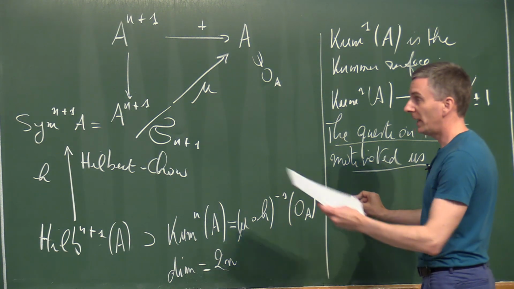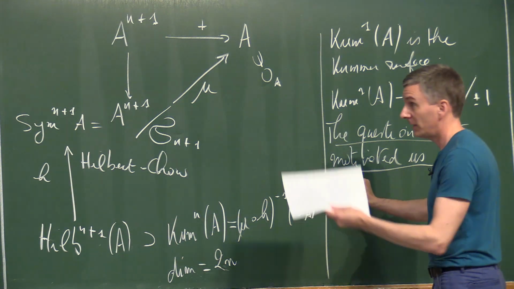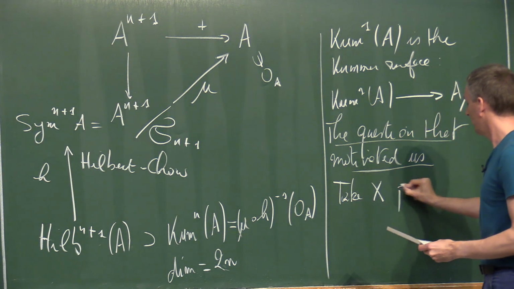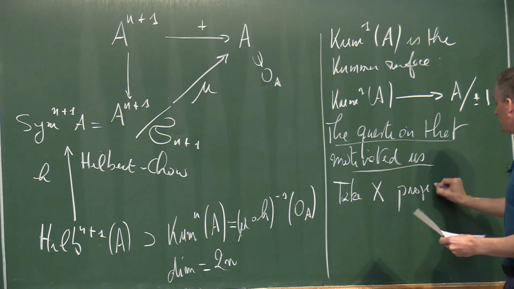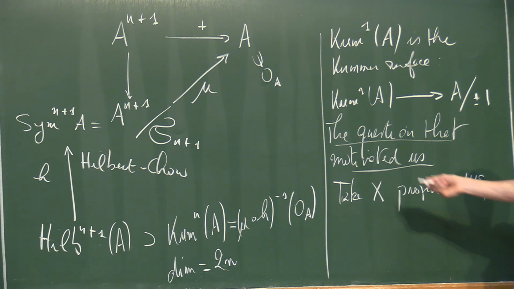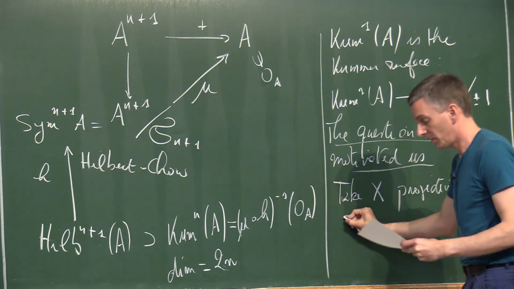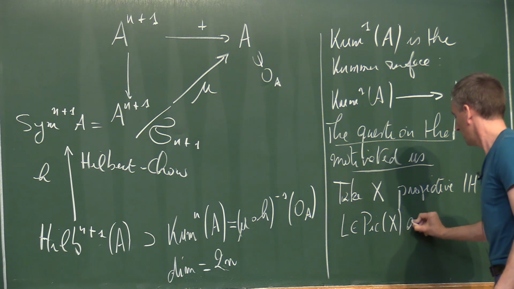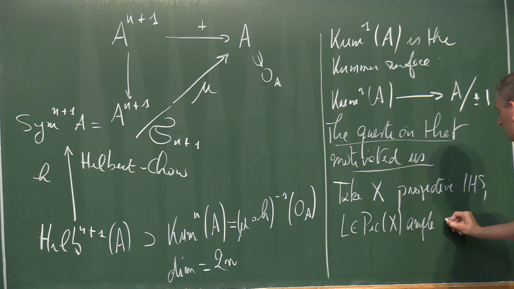If we start with an IHS manifold, let's say projective, take X a projective IHS, and we fix an ample polarization that we call L, an ample class.